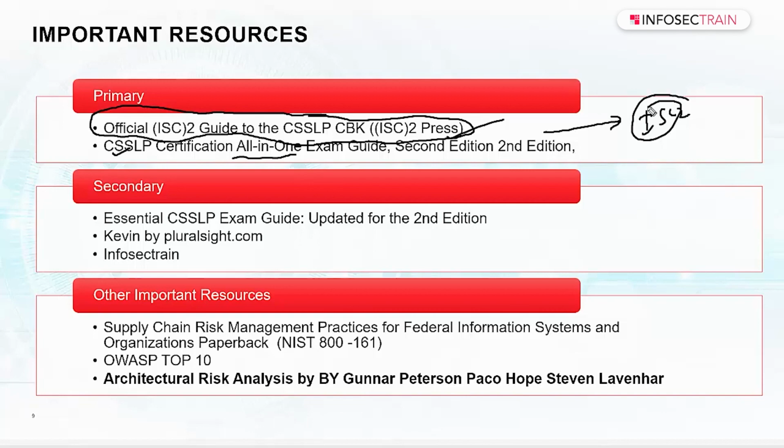Along with that, you can use the second book, called the all-in-one, as a supplement. One more important thing, avoid the questions at the back side of every chapter in the all-in-one because they will create unnecessary confusion for you. But I highly recommend reviewing the domain questions in CSSLP. If you really want a great understanding of domain 1, I told you about security design principles and all that.